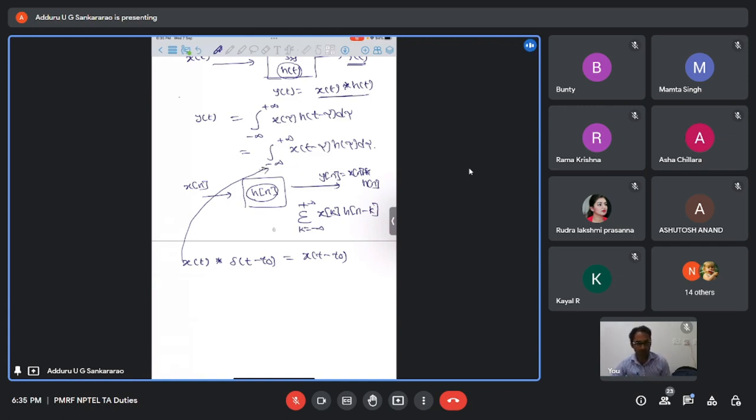You substitute it, then use the integral property of the impulse, that the area under the impulse is 1, then you will get this. In many places, convolution of any signal with an impulse gives the same signal. We use this property. This is the convolution property of impulse response.